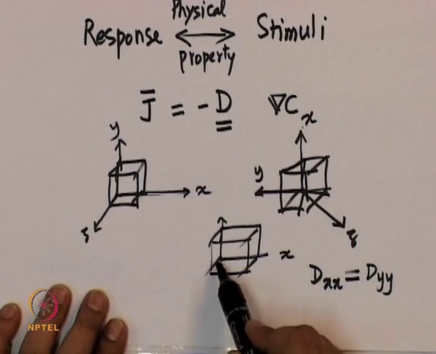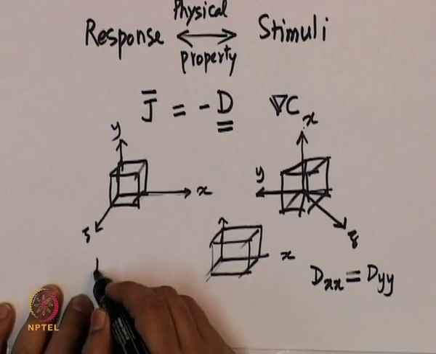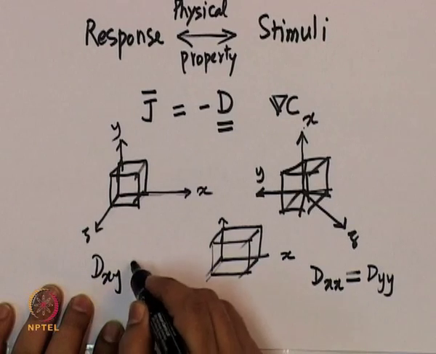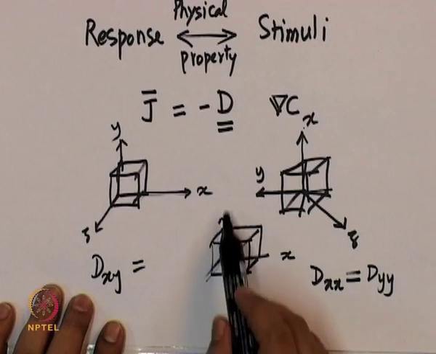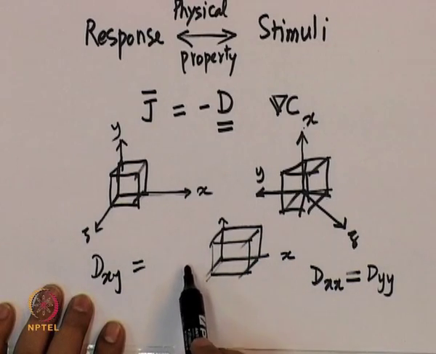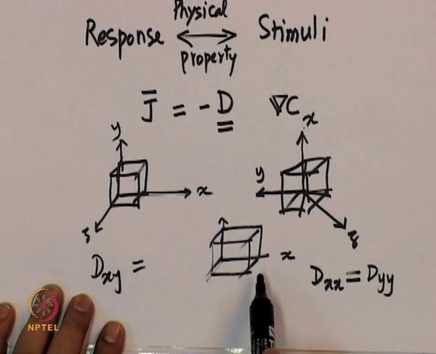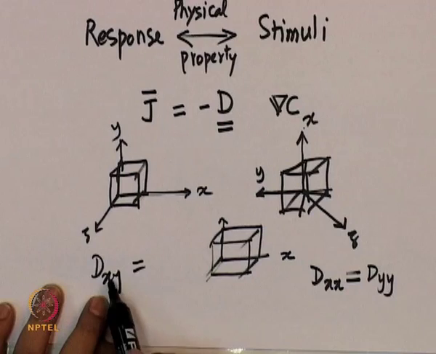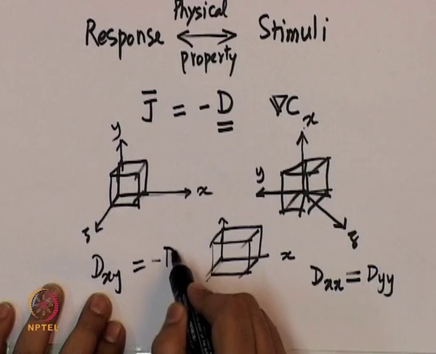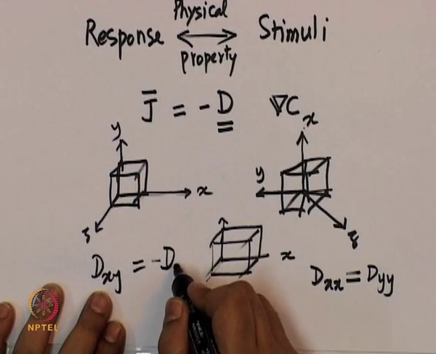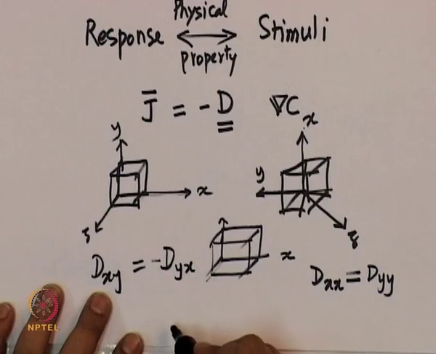In a similar fashion, if suppose I was looking at the dxy component, I would call it as dxy, but somebody who is thinking that this is x and this is y would get to along x axis. So, the x has become y, but y has become minus x. So, they will find that this property is minus dyx.